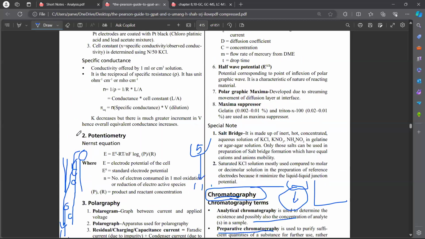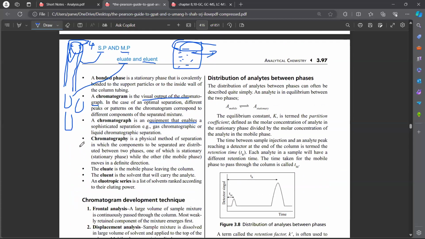Coming to partition chromatography, the stationary phase and the mobile phase are both liquid in nature but are immiscible with each other. The stationary phase is coated on a solid. We take solid beads which can be made of silica or glass. On the surface of these beads, we coat the stationary phase layer by layer, and these particles are then packed into the column.